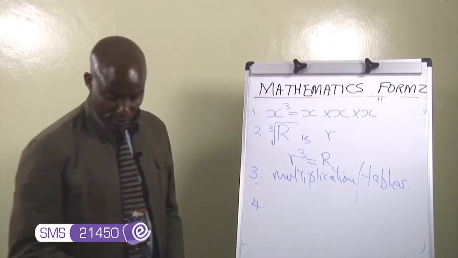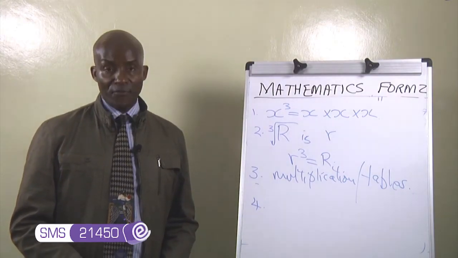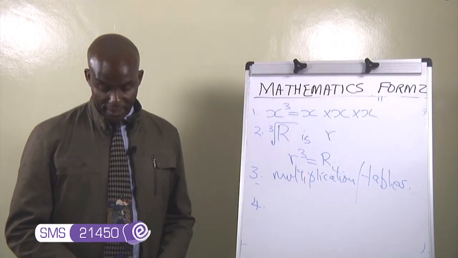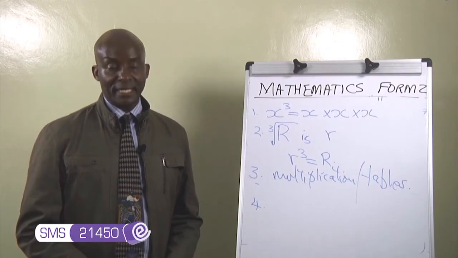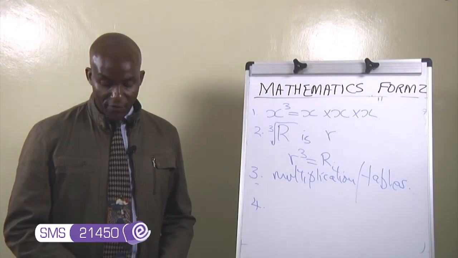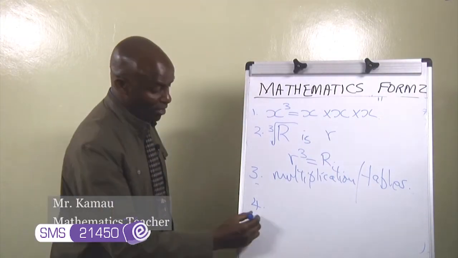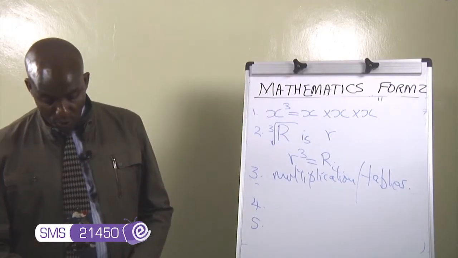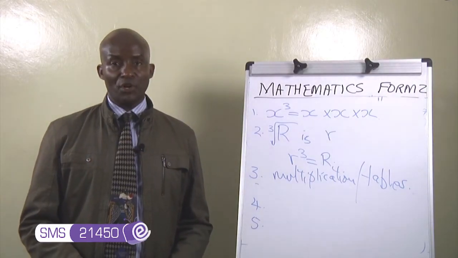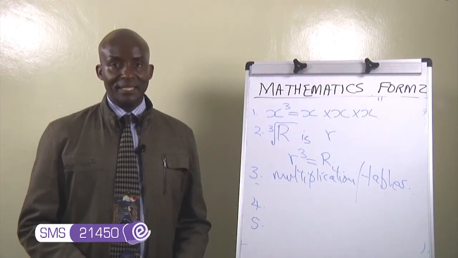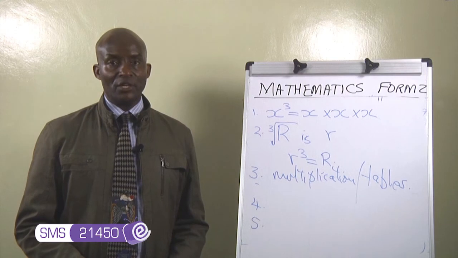And fourthly, if a cube root is exact, it can be found by factorizing into prime factors and then dividing the powers of the prime factors by 3. If it is not exact, it can be found from the tables. And the last one, number 5, cubes and cube roots are used for problems involving volumes. And that is what we have just seen in the last few minutes.